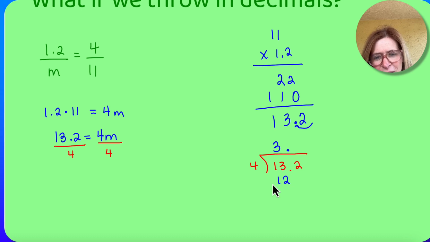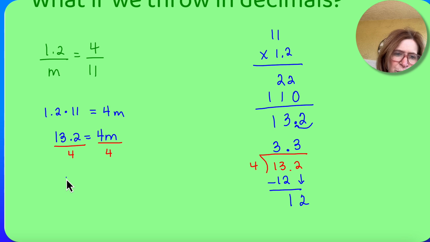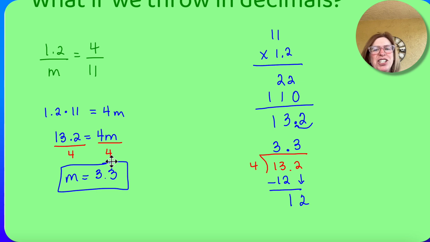I get 12. I subtract. And then I bring down the 2. And I get 12. 4 goes into 12 3 times. So my answer would be 3.3. So see, you can do it with decimals. It's just a dot. Don't ever let it throw you.